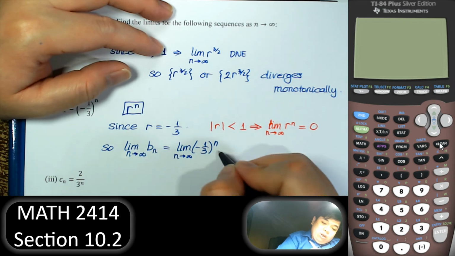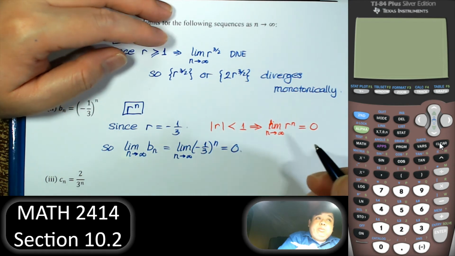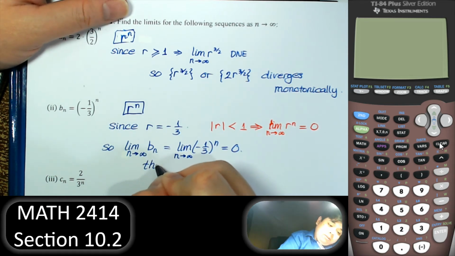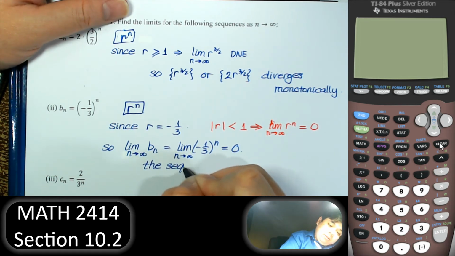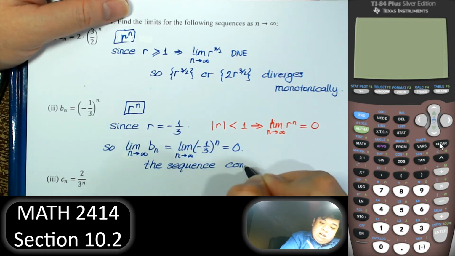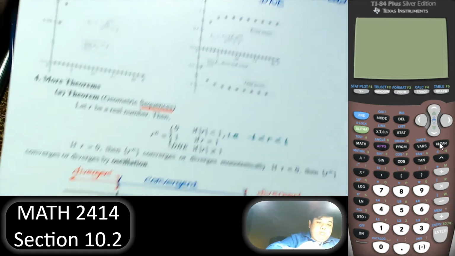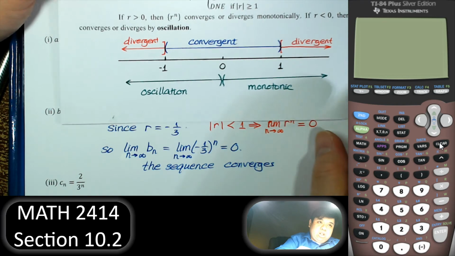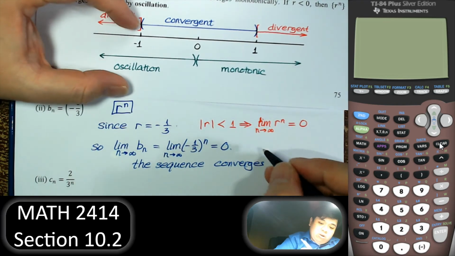Now this one equals 0, so the sequence converges because it has the limit. But r is less than 0, so we say it converges by oscillation.